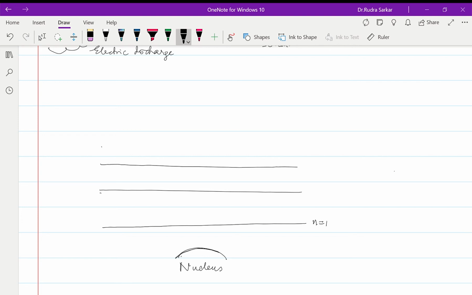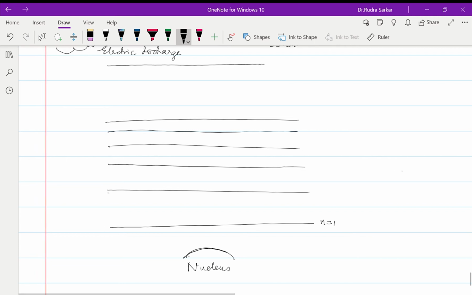Then we have another level like that, and another level like that, and another level like that, and suppose this is the infinite level.